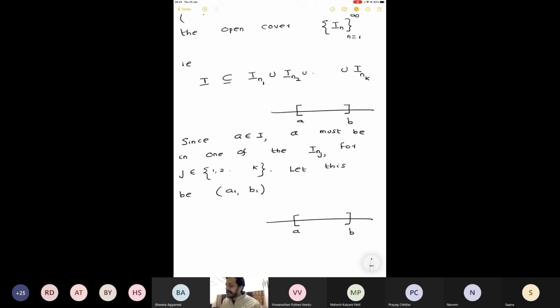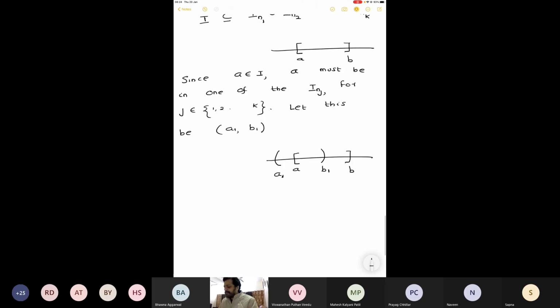That interval I am calling (a1, b1). b1 can be before b or after b. So this is one possibility, and this is another possibility.